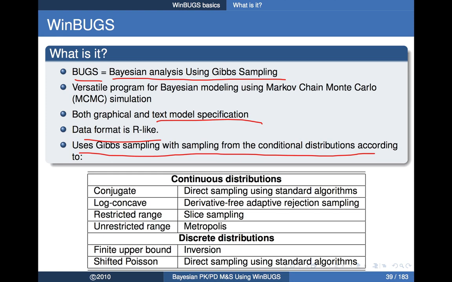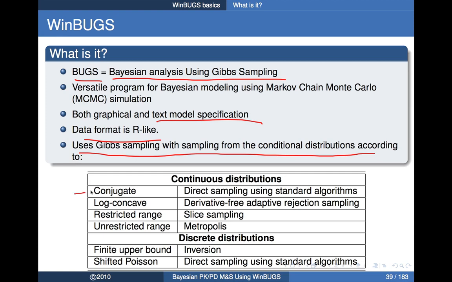About the only place where it does that in the case of WinBUGS is when the joint conditional distribution for them is a multivariate normal. In that special case, it'll do block sampling. But for the most part, it's going to be sampling from univariate distributions when it does the Gibbs sampling. And it has an algorithm inside where it attempts to decide what is in some sense an optimal algorithm to use for the univariate sampling.